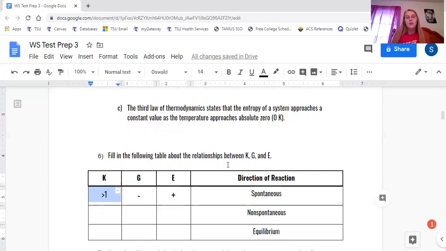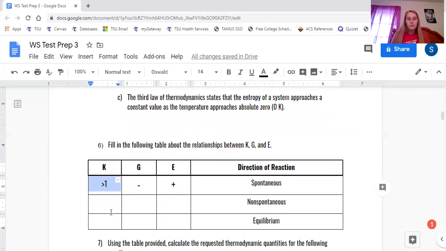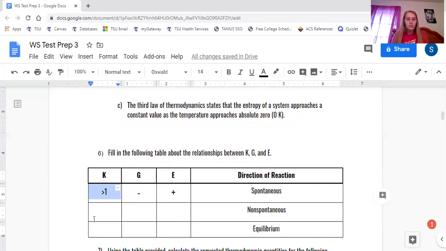And so these are things you can look at whenever you are solving different problems. So now if E, whenever it's spontaneous, is positive, what do you think E is going to be whenever it is non-spontaneous? Negative, perfect. So it's going to be negative. And if E is negative, what does that mean for G?